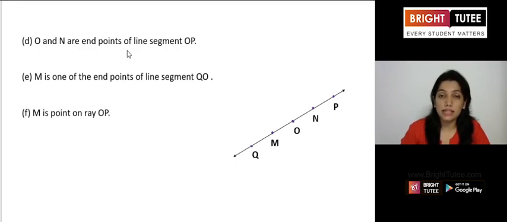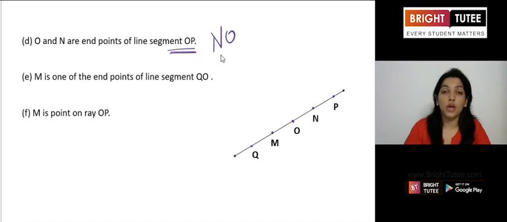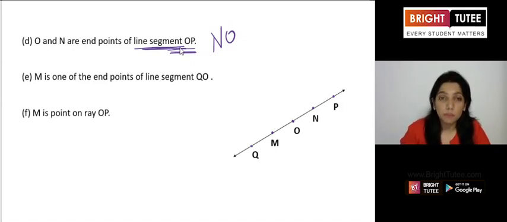What is the name of the line segment they are saying? OP. So do you think they are right? No, they are not. So the answer is no. If you are talking about line segment OP, the endpoints will be O and P, not O and N.